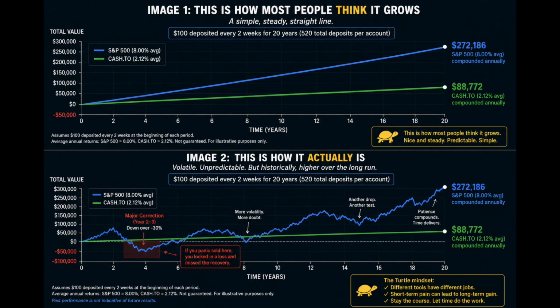Imagine that you put everything in just the VFV, the S&P 500, and then an emergency happens in year 4. So you pull out in year 4 and you're at a 30% correction from your original investment, meaning you've been investing 4 years and you're taking a 30% loss on your money.